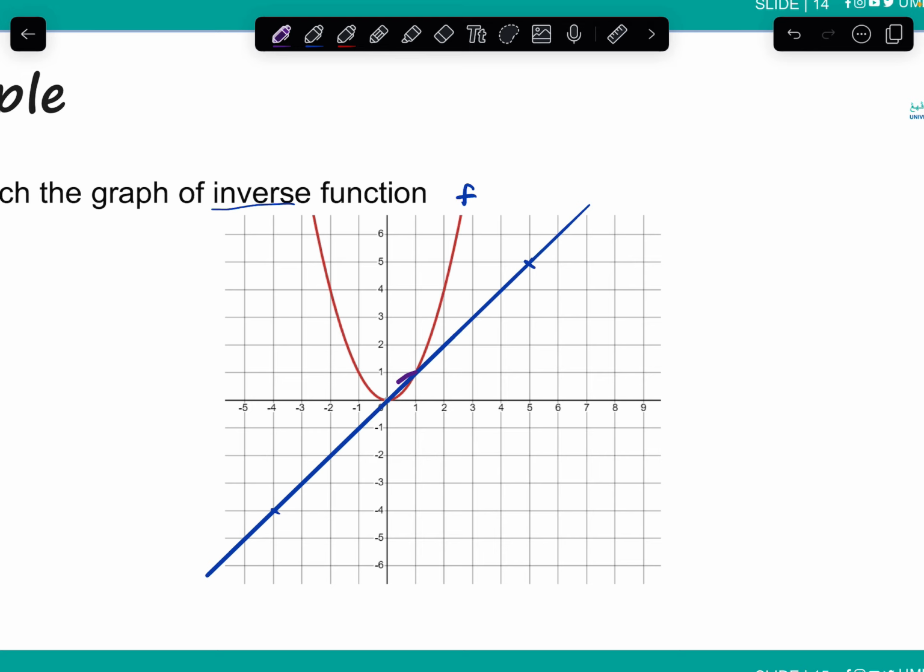For this small part, the reflection is like this, and the rest can be plotted, and we use some points to help us. 1, 2, 3. You can count the number of boxes so that you can draw your curve nicely. Okay, so based on this, you can connect your points to make a curve. So now this is your f inverse of x.